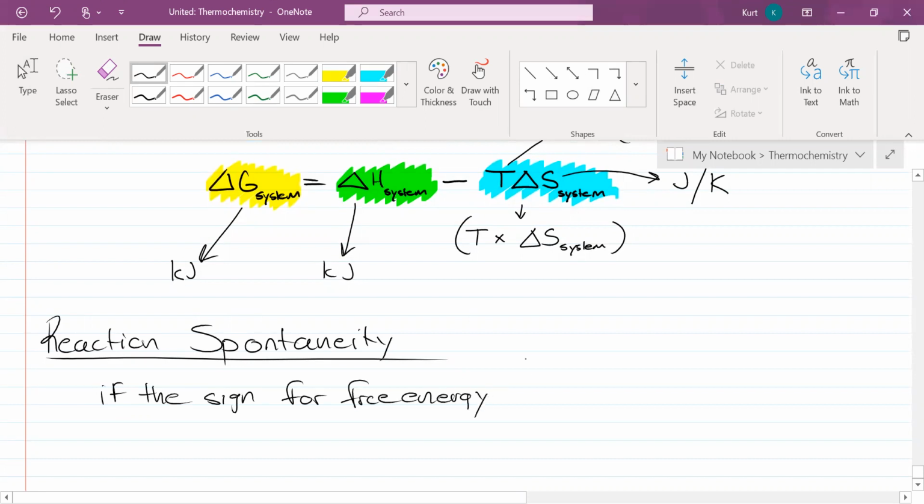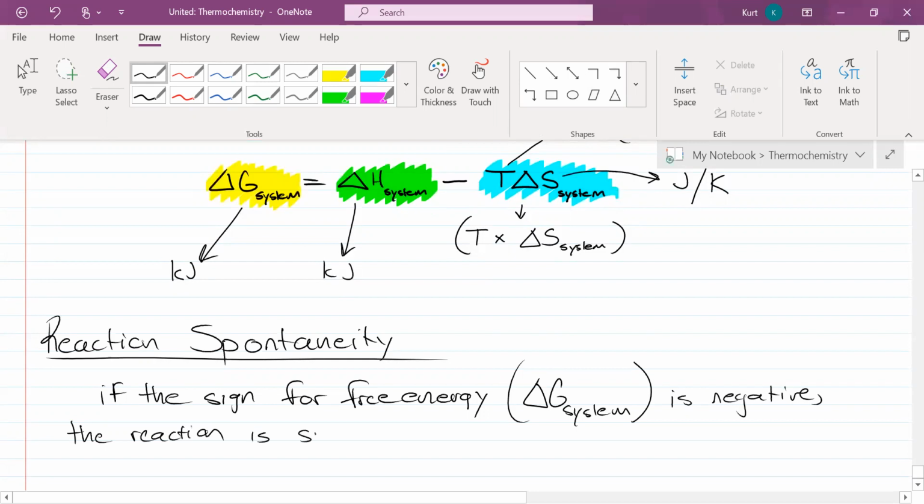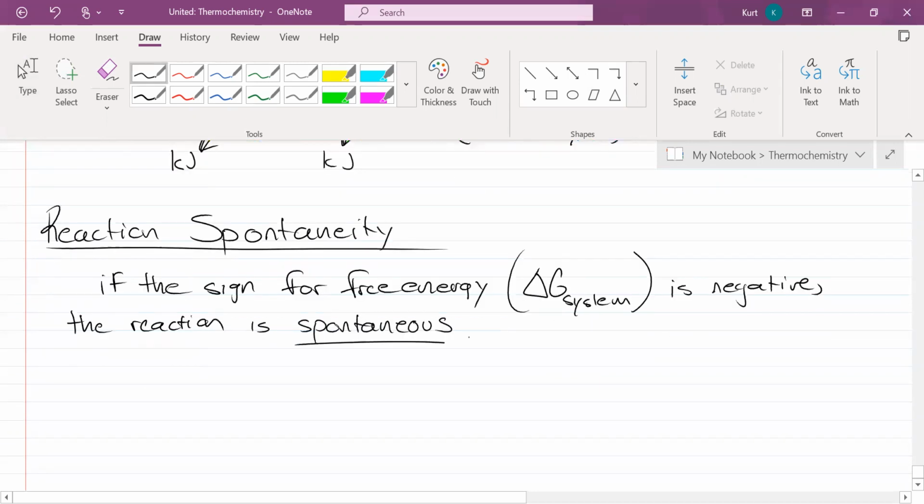If the sign for free energy is negative, the reaction is spontaneous. That's delta G, not necessarily delta H or delta S.